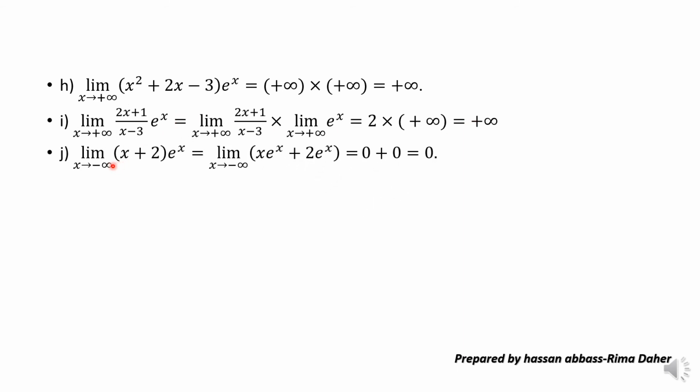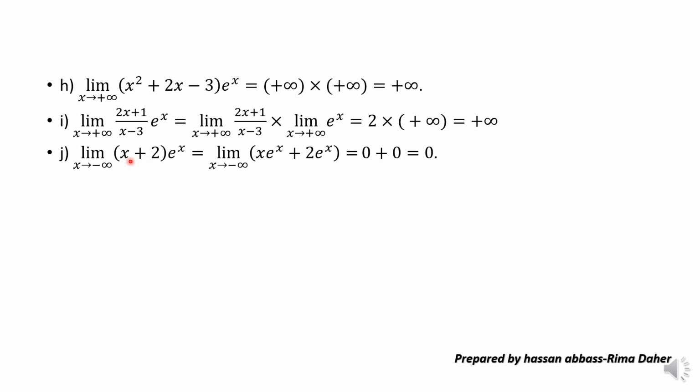Limit where x tends to minus infinity of x plus 2 times exponential x. Replace x by this value, minus infinity, we get minus infinity times exponential minus infinity, which is minus infinity times 0, an undetermined form. We can change the place of the exponential from the numerator to the denominator and apply L'Hopital's rules as we saw before, so we get limit 0.